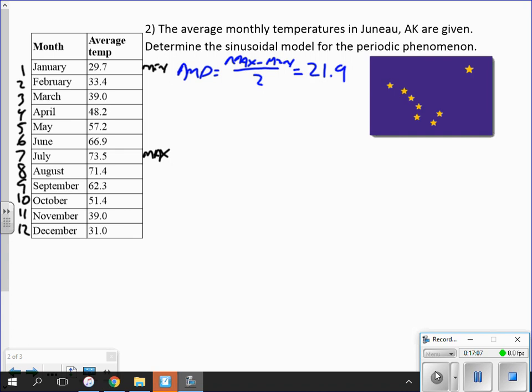Okay, so there's our amplitude. Our vertical shift is still the minimum plus the amplitude, guys. Our vertical shift ends up being 51.6.